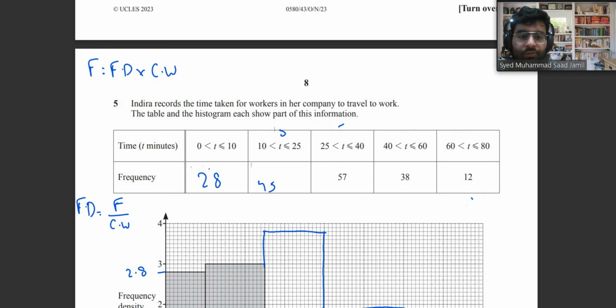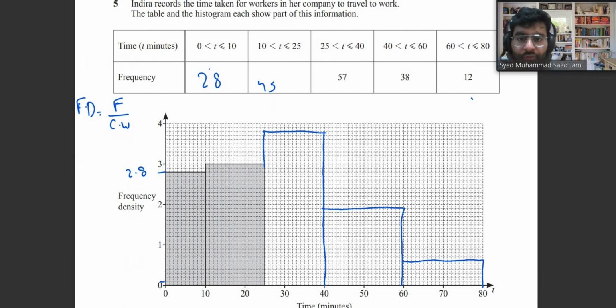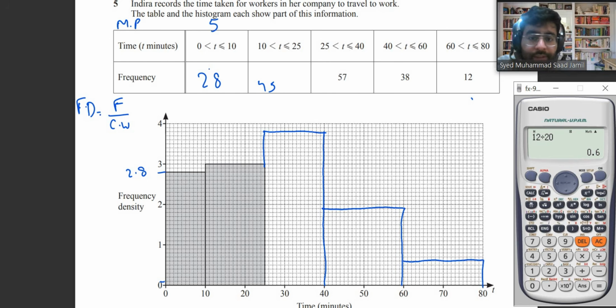Now look guys, first of all you have to find the midpoint. So 10 minus 0 is 10, divided by 2, that's 5. That's how we will find the midpoint. Then, sorry, not minus, add.